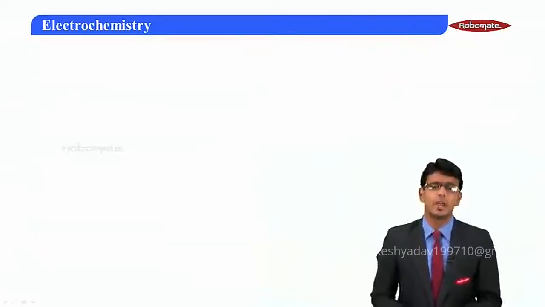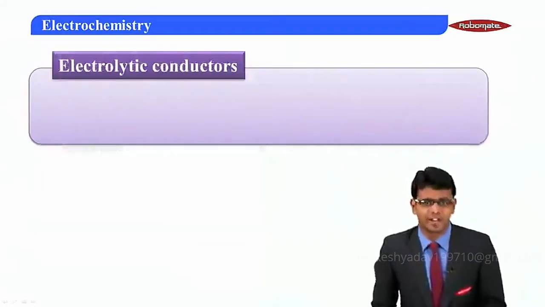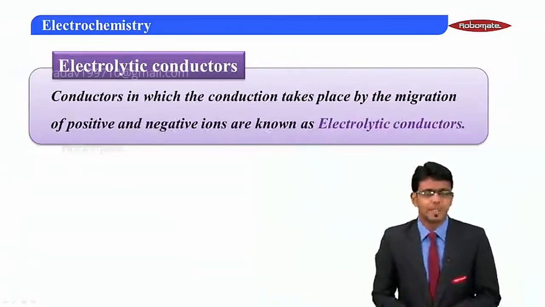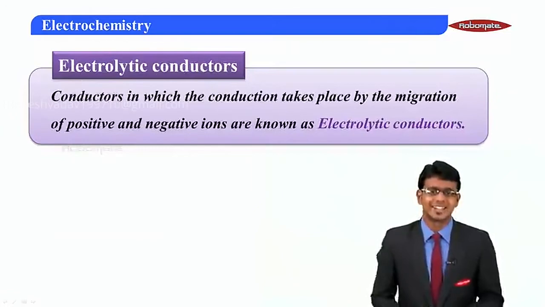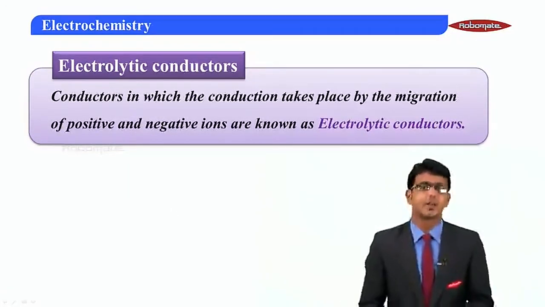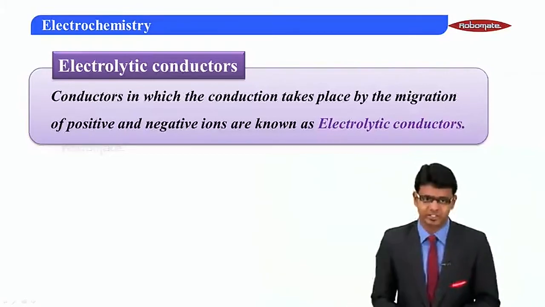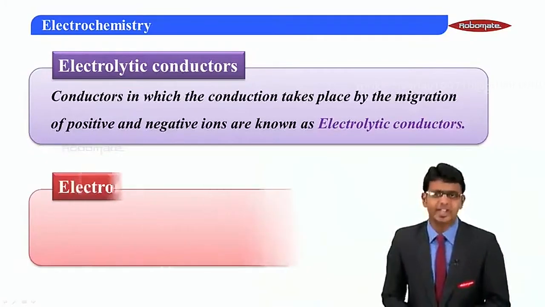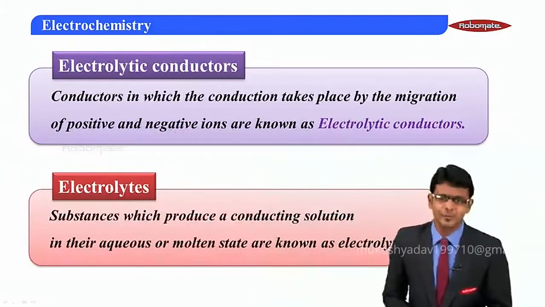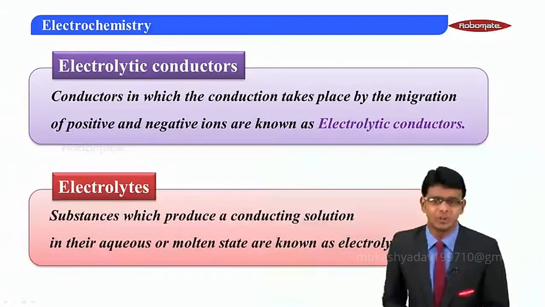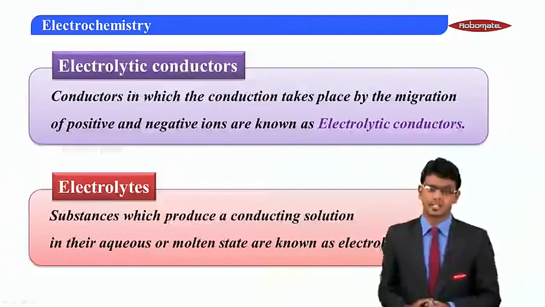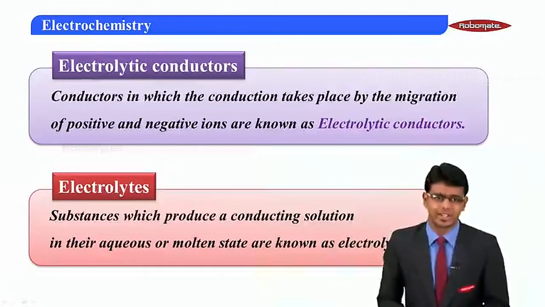So let us quickly define electrolytic conductors. The conductors in which conduction takes place by the migration of positive and negative ions are known as electrolytic conductors. To define electrolytes, we can simply say that the substances which produce a conducting solution in their aqueous or molten state are known as electrolytes.